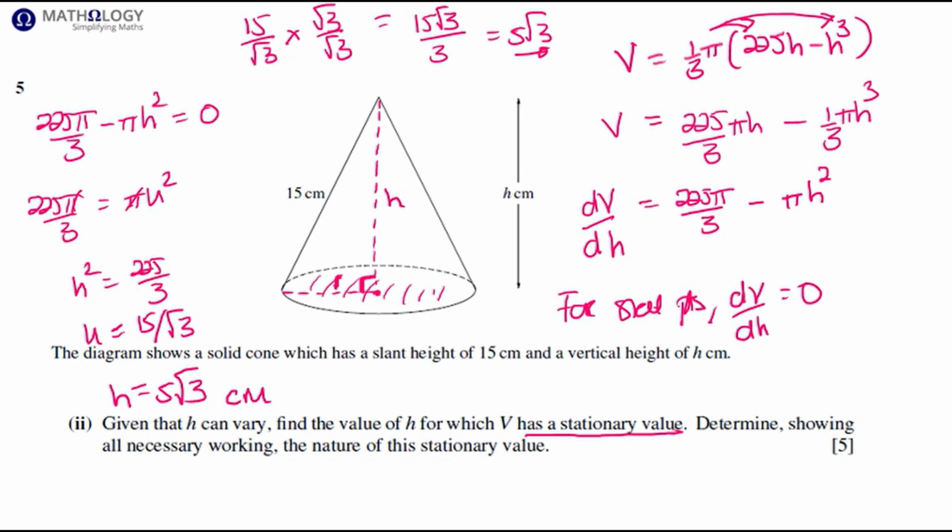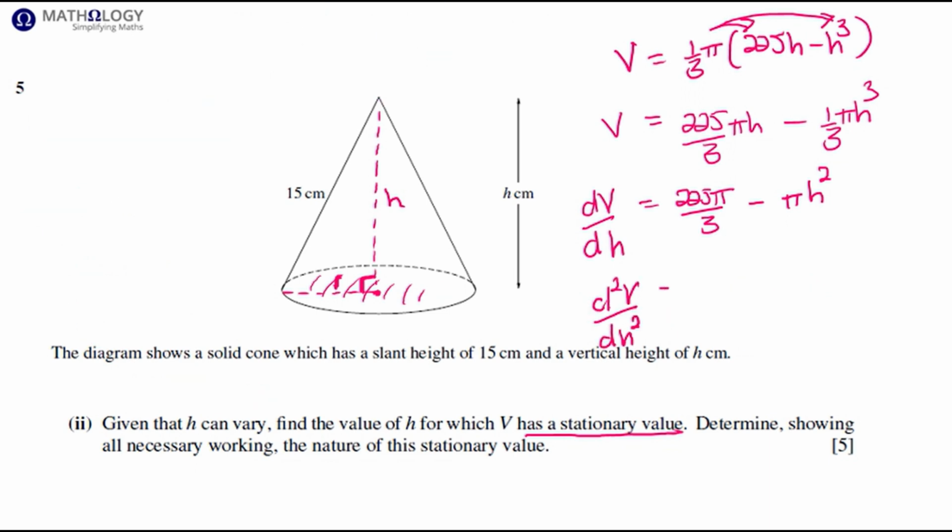The nature of the stationary value, we are going to find the second derivative. So the second derivative will be, 225 pi over 3 is a constant, so the derivative of that will just be 0. The derivative of minus pi h squared with respect to h is going to be minus 2 pi h.